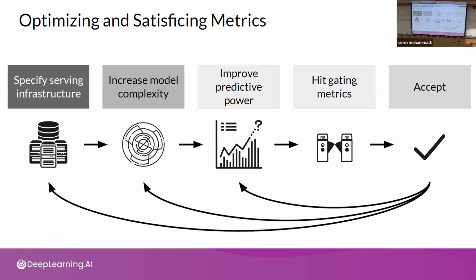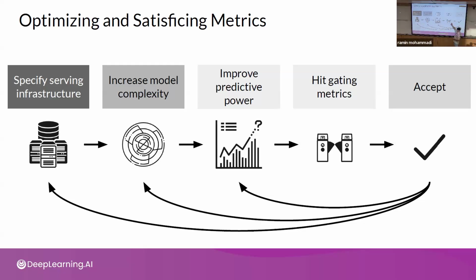And based on that, you can serve up to this type of model. So you maybe increase your model capacity or complexity because you know what infrastructure you have. Based on that, your model performance goes up from an accuracy perspective, but then the gating metrics become a bit worse.